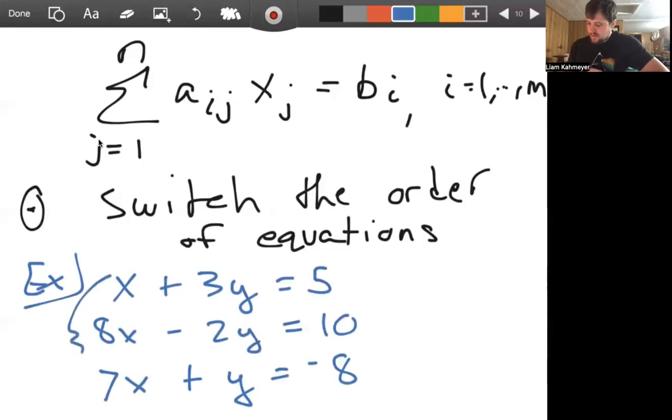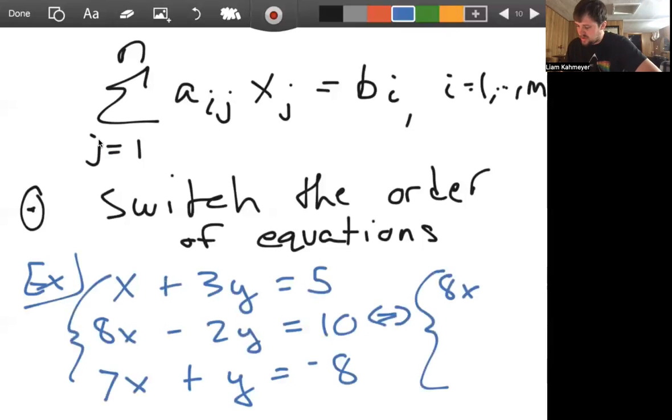This system here is equivalent to writing this in any order, right? Nothing really changes when I flip. Let's say I exchange the first equation for the second equation here. So it's pretty clear that these are equivalent.